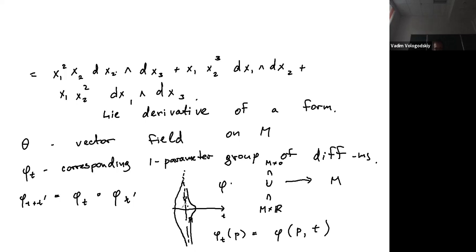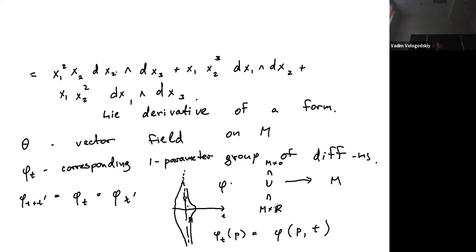If M is compact, then any such open neighborhood contains a cylinder, and then using this property, we have shown that phi is defined on the entire M times R. So that's what I call a local one parameter group of diffeomorphisms. A map like this satisfies this property whenever both sides are defined. Okay? So any vector field theta gives rise to phi. We have shown this. It's basically given by the solution to an ordinary differential equation.